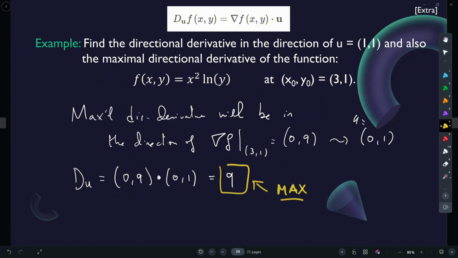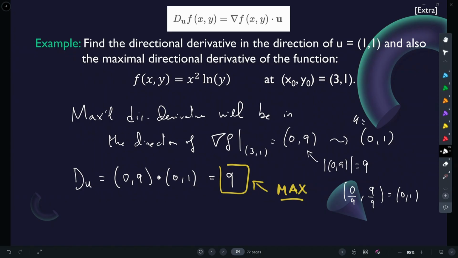Why did I use 0, 1? I have to use a directional derivative in the direction of 0, 9. But 0, 9 is not of unit length. So I'm changing it by a vector of unit length. If you compute the length of this vector, it is 9. So I changed it by 0 divided by 9, 9 divided by 9, which is 0, 1.